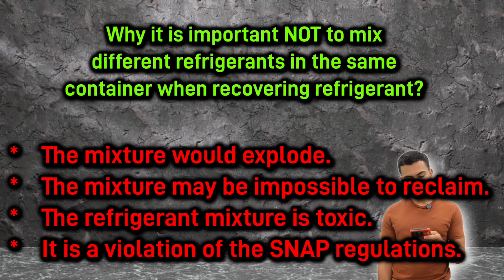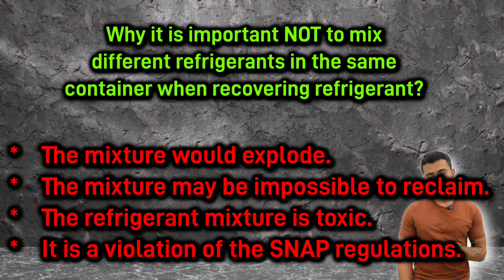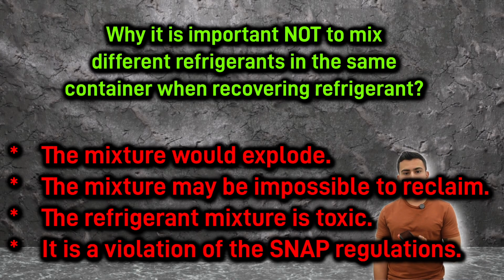21. Why is it important not to mix different refrigerants in the same container when recovering refrigerant? This is kind of obvious. Different refrigerants have different pressures and temperatures, so the mixture may be impossible to reclaim.